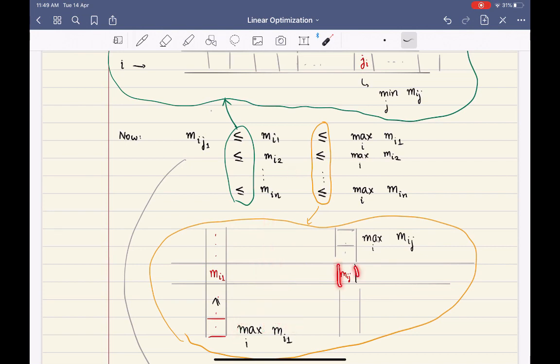The jth thing, mij, will be smaller than max over all i of mij. So we get these inequalities. Now we already know that mij1 is smaller than each of them, which in turn is smaller than the max. So this mij1 is smaller than the max of each column.